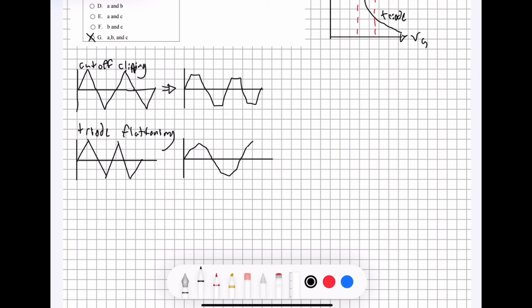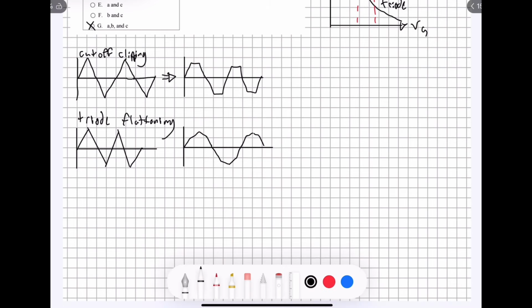So I made that one too high, but you can see the idea. In the triangular wave, they come up to about there, but with triode flattening, they fall a bit short because the slope has been decreased and thus the amplitude of the output has been decreased.